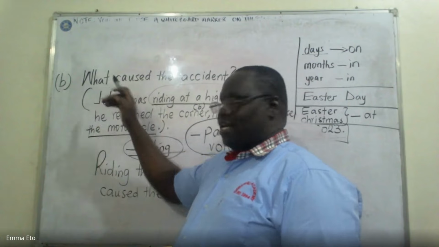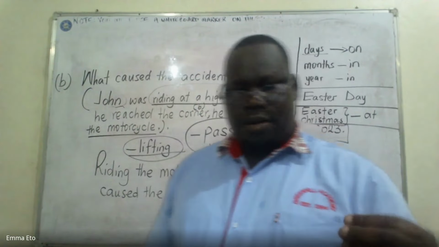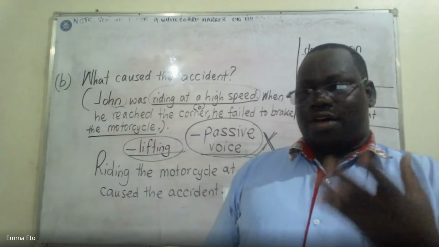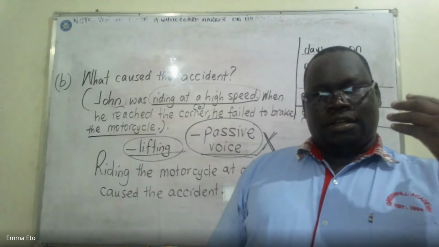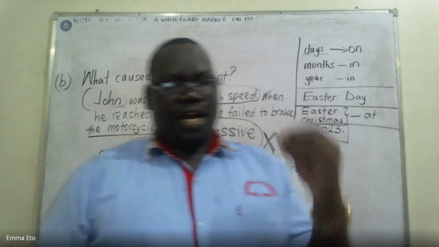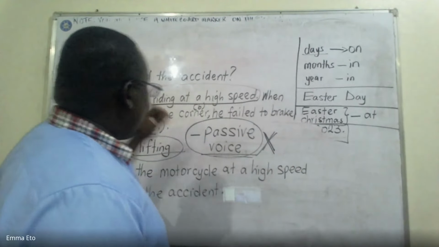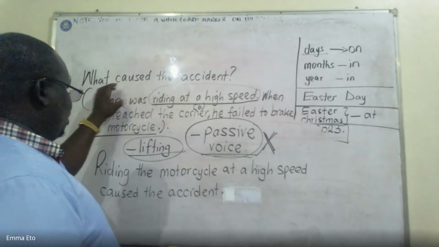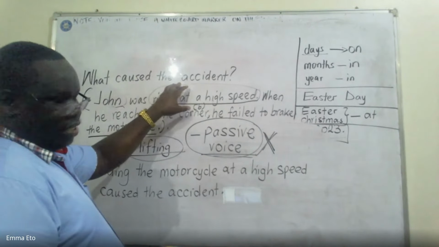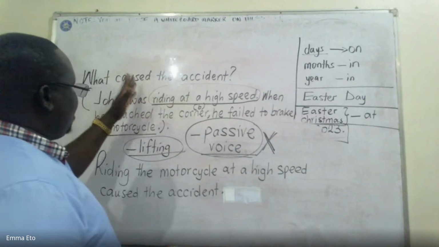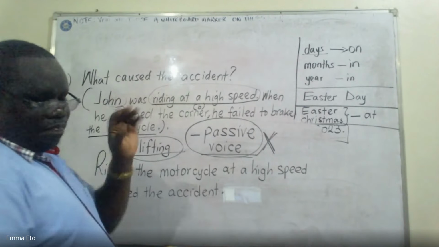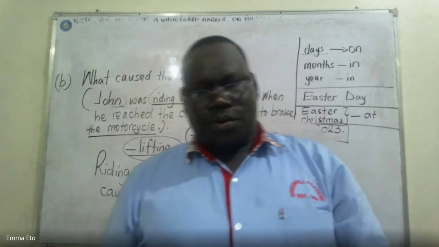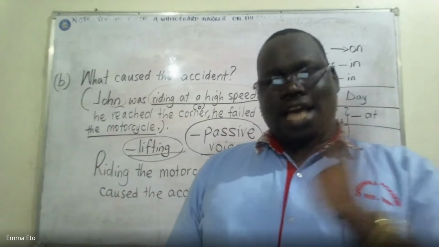So we shall say, because a how question asks for the way, the method, how something came to pass. So how did John get the accident? So we can say, with a how question, pick the idea. The simplest way these days on how to answer how questions is to pick the idea straight away.